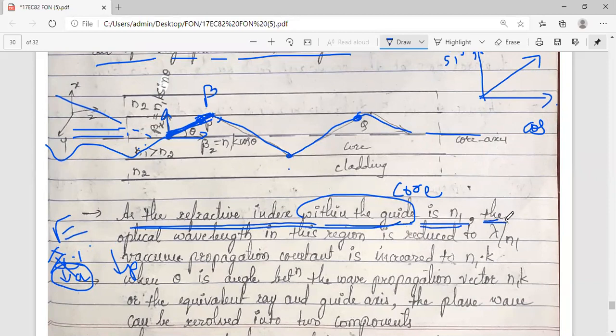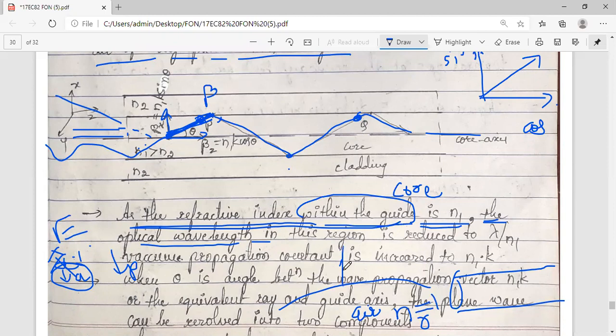Because of this, consider the optical wave in the optical fiber: the ray is coming from air, which has the refractive index N0. You know the value of N0 is 1. It has the frequency and the wavelength lambda. This is for air, when the ray is in the air.